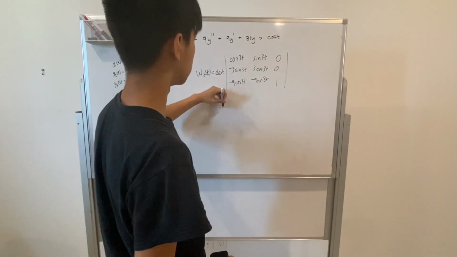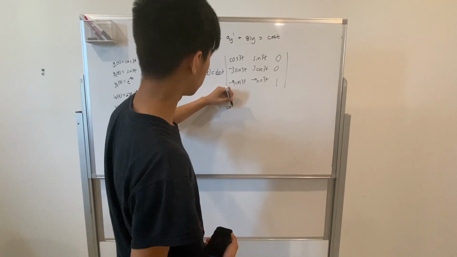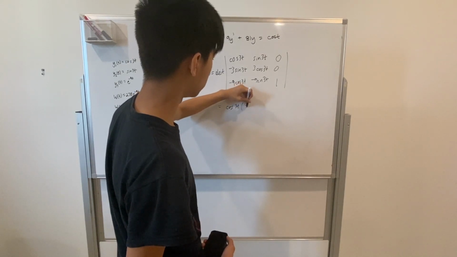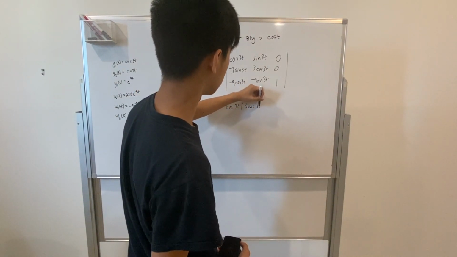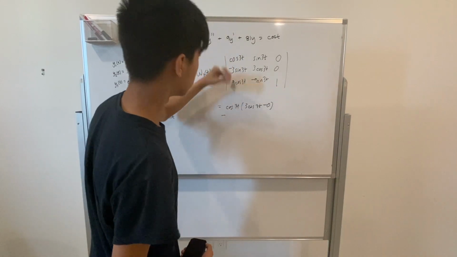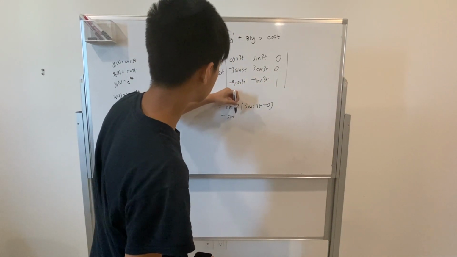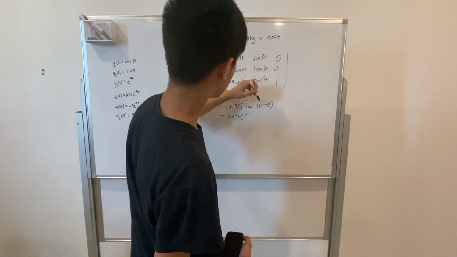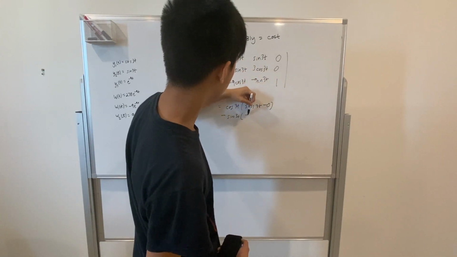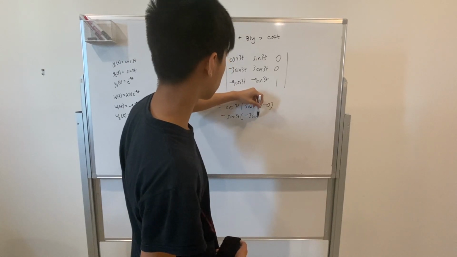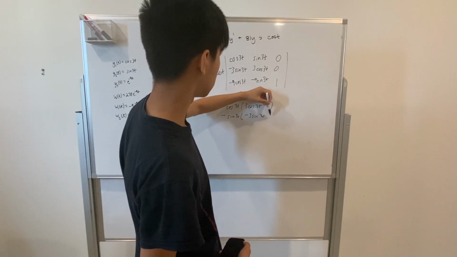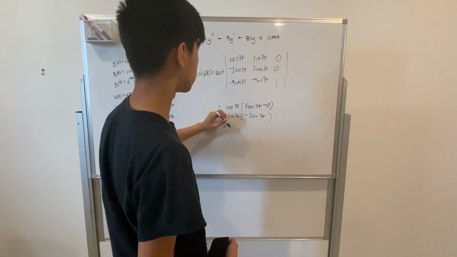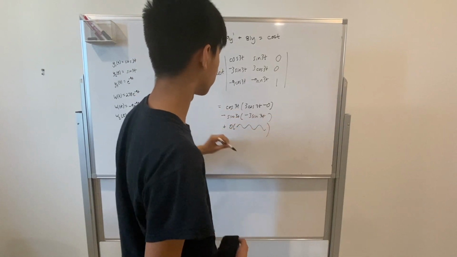So that's equal to cosine 3t times 3 cosine of 3t minus 0, minus sine of 3t times negative 3 sine 3t, plus 0 times, doesn't matter what's in it.